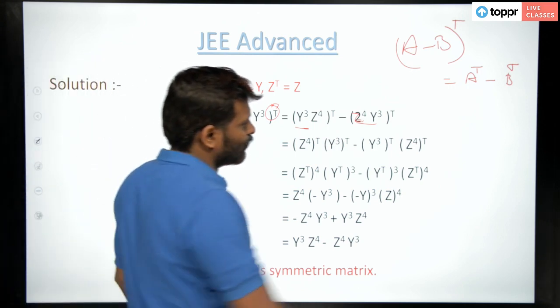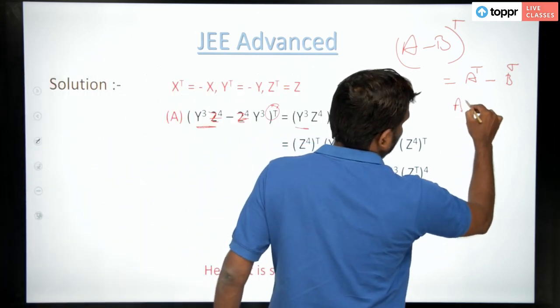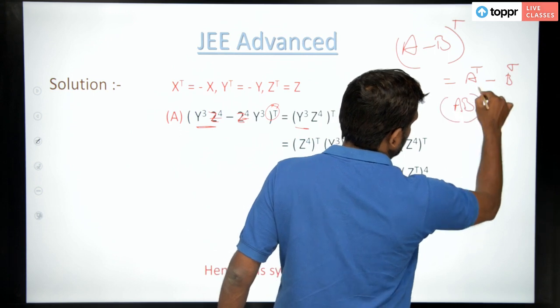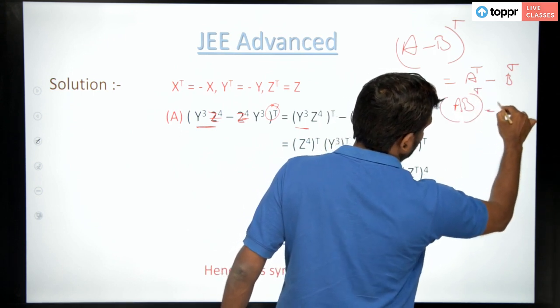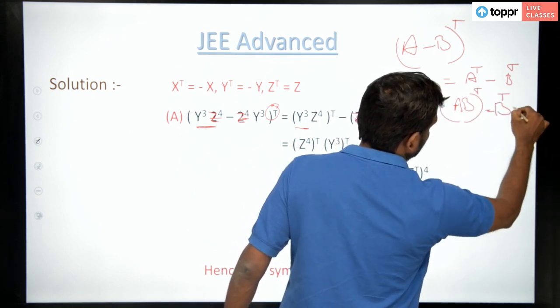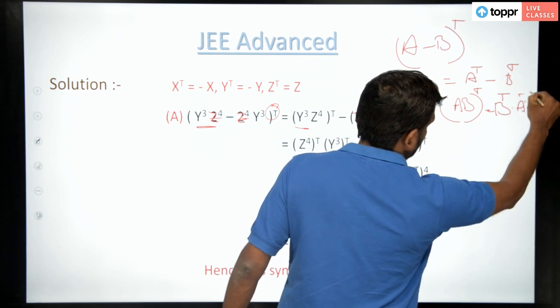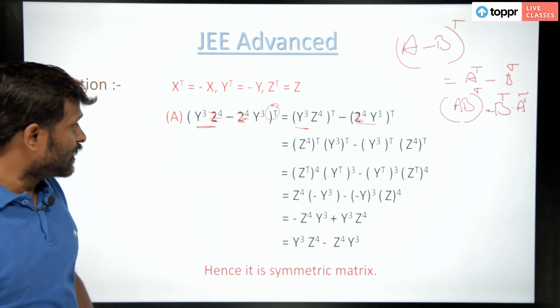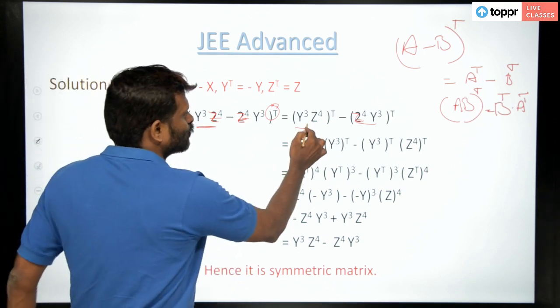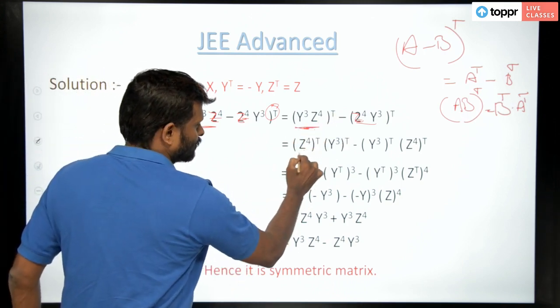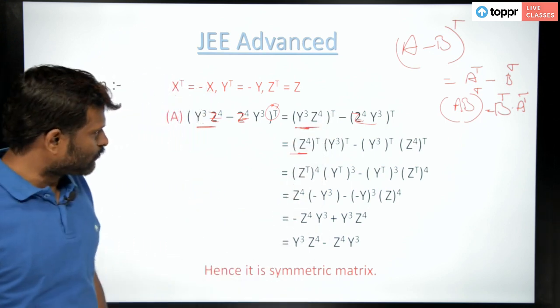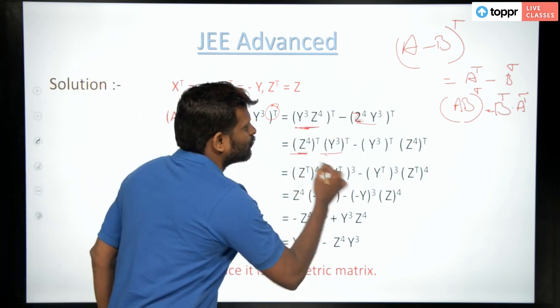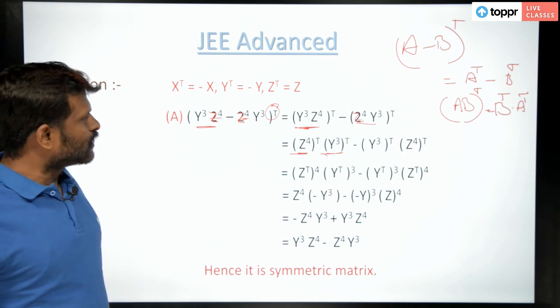Next, we know the property that the transpose of A times B is equal to B transpose times A transpose. Using that, I write this as the transpose of z power 4 times the transpose of y cube.